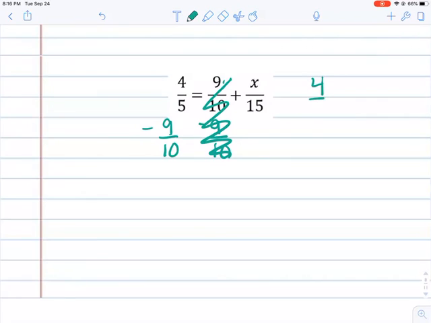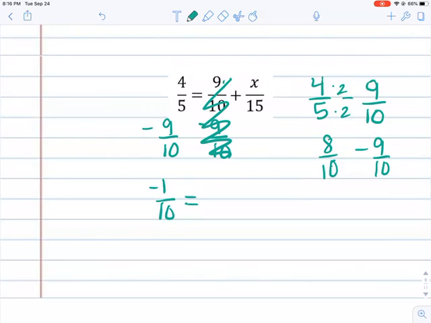But when you do 4/5 minus 9/10, they both need to have the same denominator. So therefore, you have to multiply really by 2 over 2. And that's going to be 8 over 10 minus 9/10. So now we can subtract them. That's going to be negative 1/10 equals x over 15, what's left on the other side.